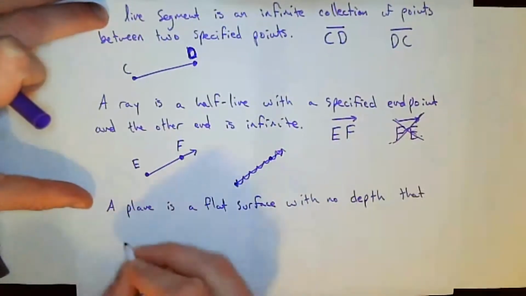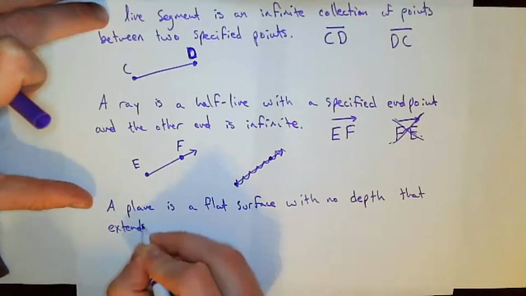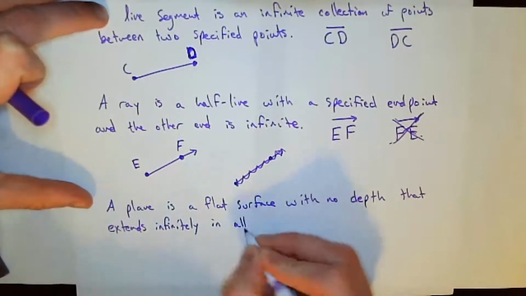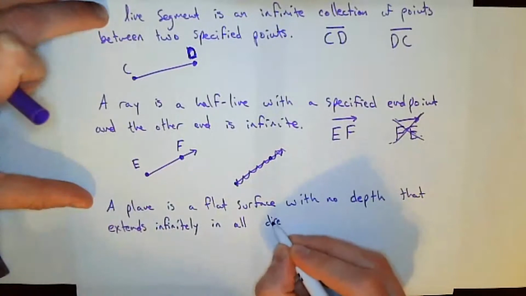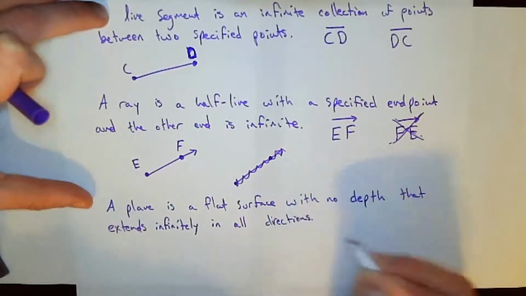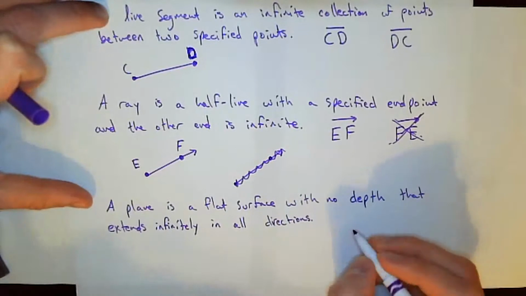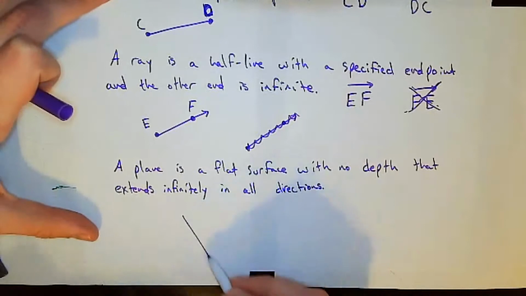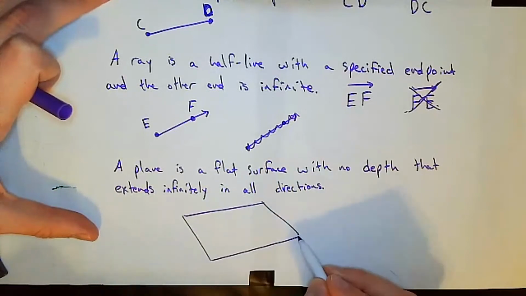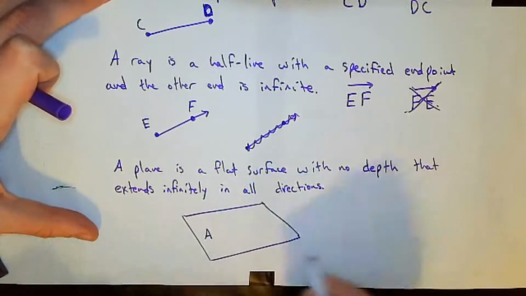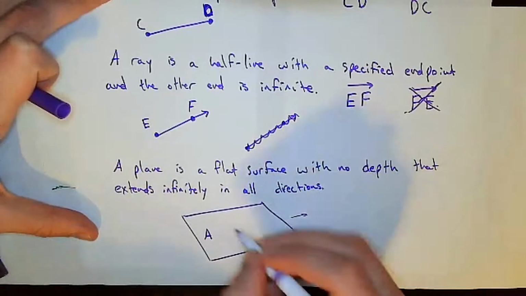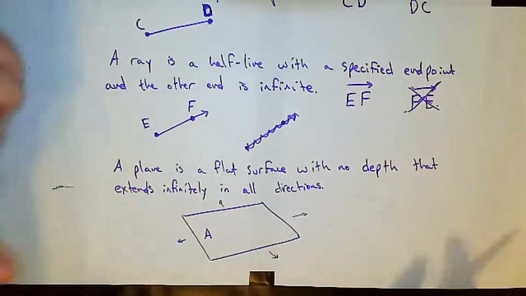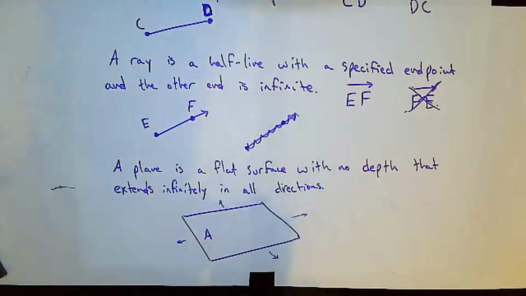And it does extend infinitely in all directions. And we denote them with uppercase letters, kind of like a point. So I could say maybe some plane here, and I could just call it A. And this technically does extend infinitely in all directions, so I just can't really draw that. So maybe the way I'll draw it is by putting arrows on each end. We're not going to do a lot with planes.